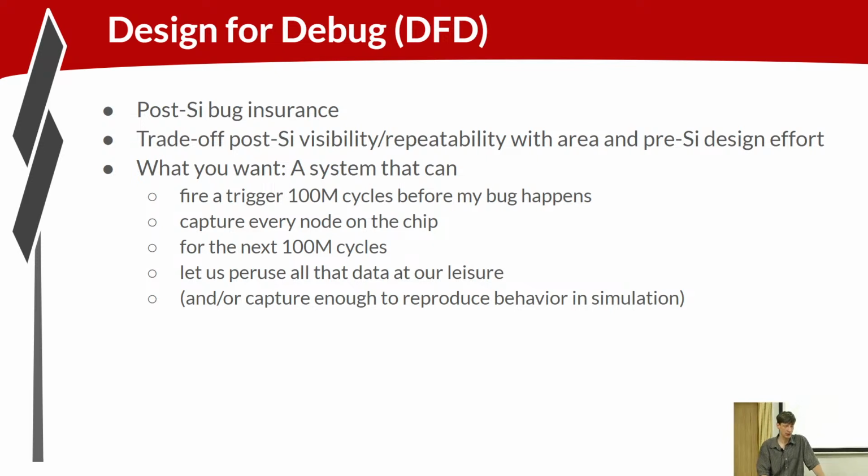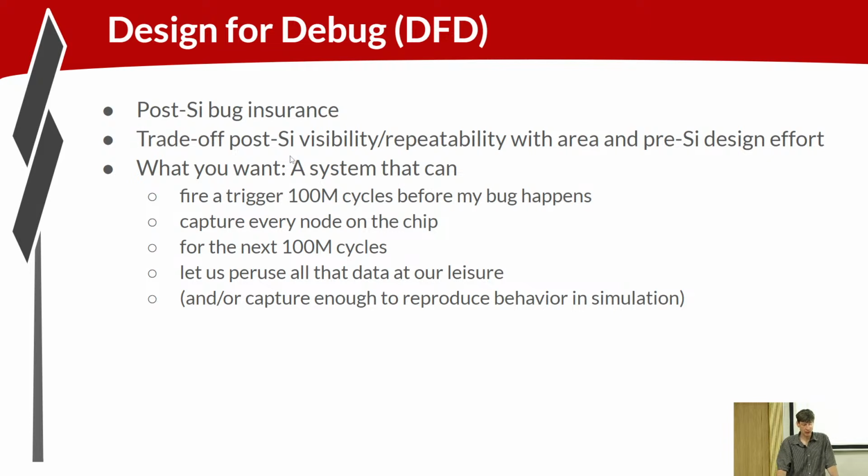So you're trading off debug visibility and repeatability with the area that logic consumes. It's generally not a power concern because it would be disabled in production, but also the pre-silicon design effort and cost, of course.